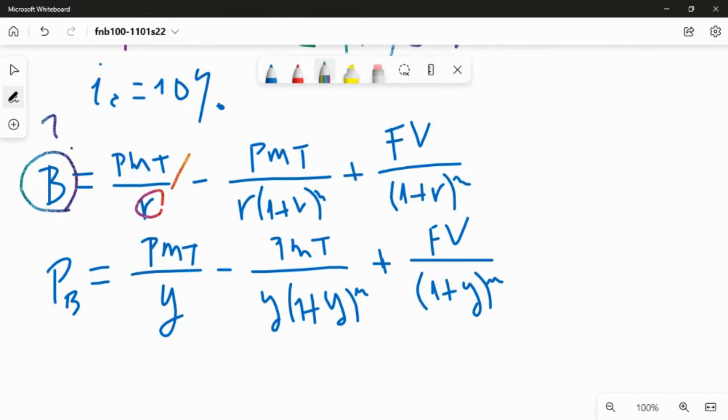This is known, R is given, because in the problem, comparable bonds are paying 6%, or the bond is priced to yield 6%. In other words, this is known.